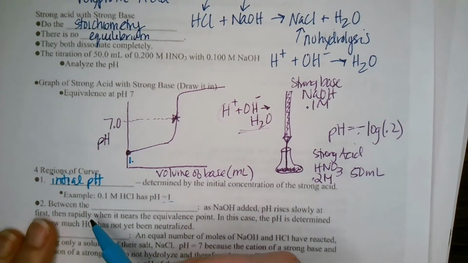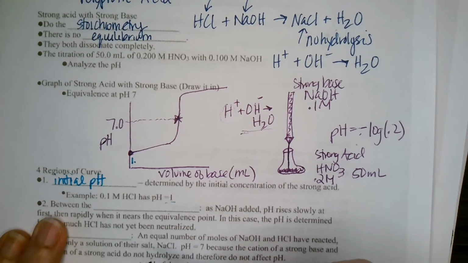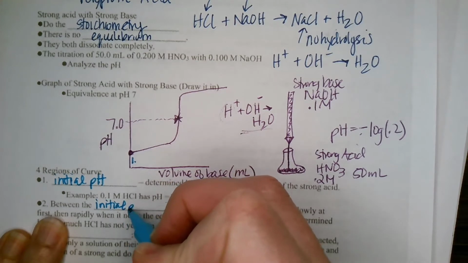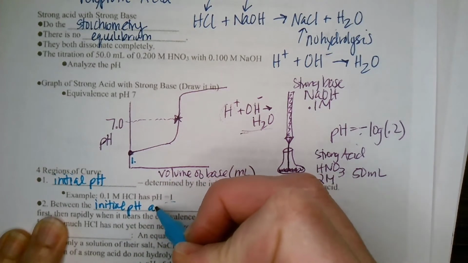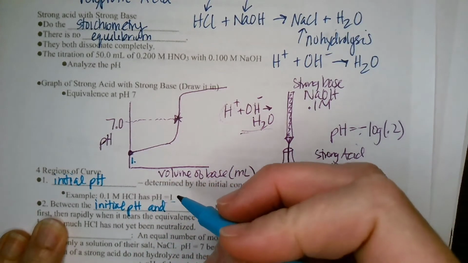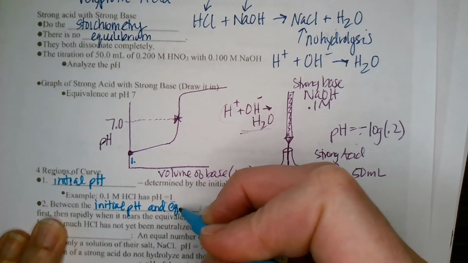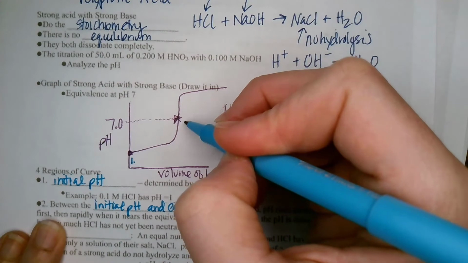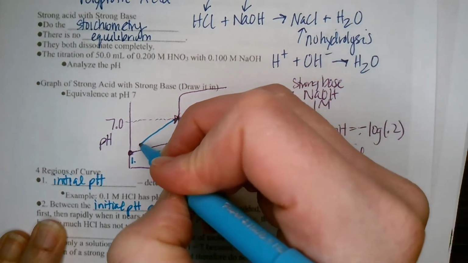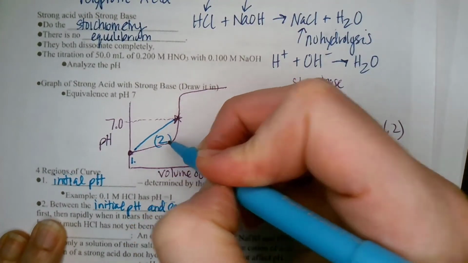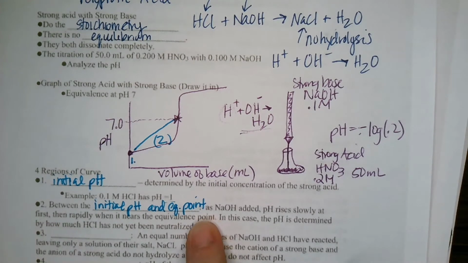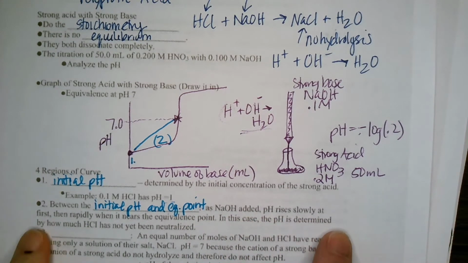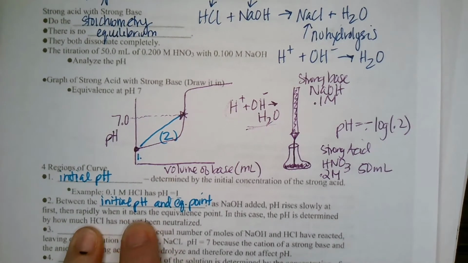Then we have point number 2, which is between the initial pH and the equivalence point, which is right here. So this is our point number 2, and as sodium hydroxide is added, the pH rises slowly at first, then rapidly when it nears the equivalence point.